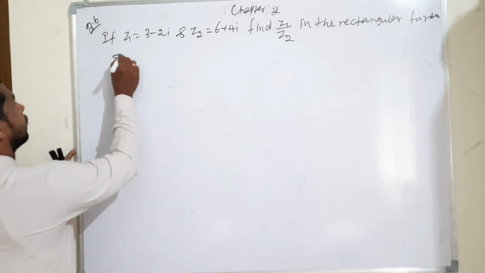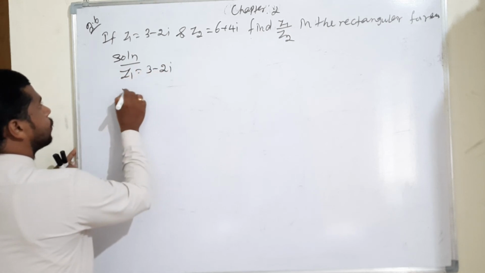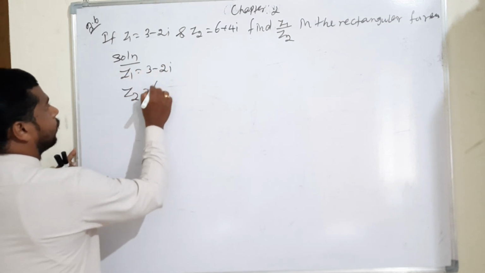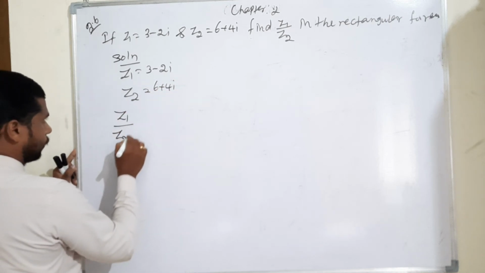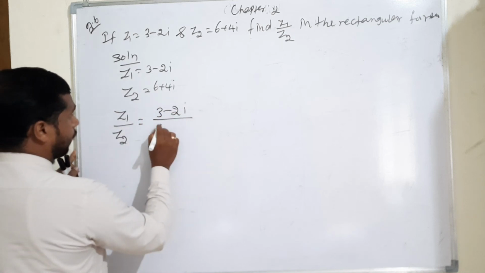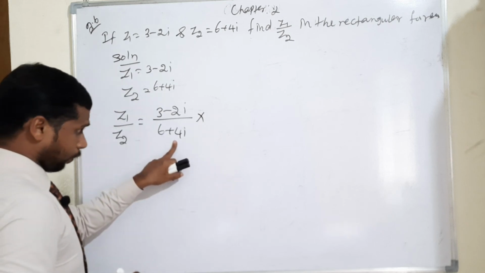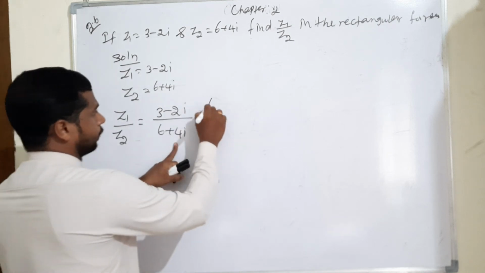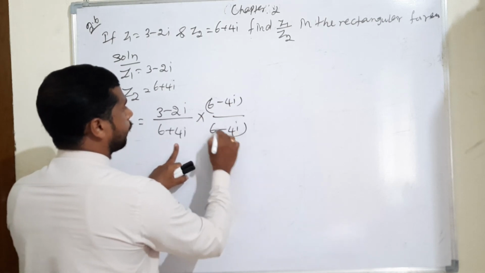Solution: z1 is equal to 3 minus 2i, z2 is equal to 6 plus 4i. So for z1 by z2, what do you have to do? 3 minus 2i divided by 6 plus 4i. Then, for the conjugate, multiply both terms by (6 minus 4i) divided by (6 minus 4i).